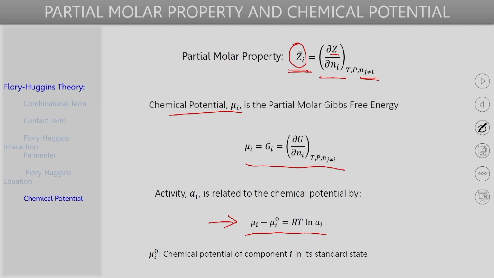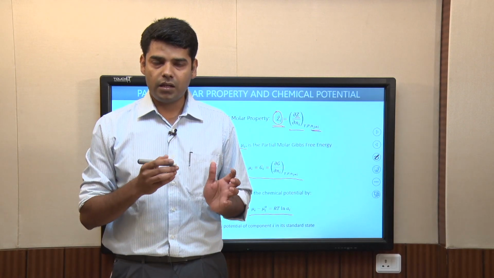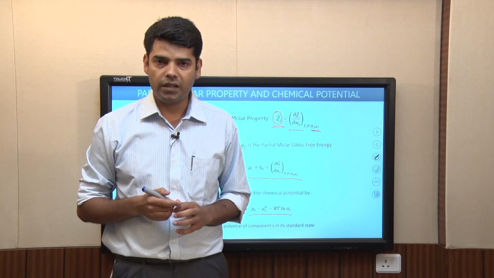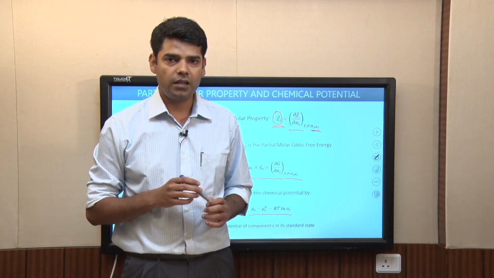Here mu i is of course the chemical potential of component i in the solution, a i is the activity of component i in the solution. Mu i naught is the chemical potential of component i in its standard state. In general, if we have a liquid, then the standard state can be the particular component in its pure state, at the same conditions as the solution is at.